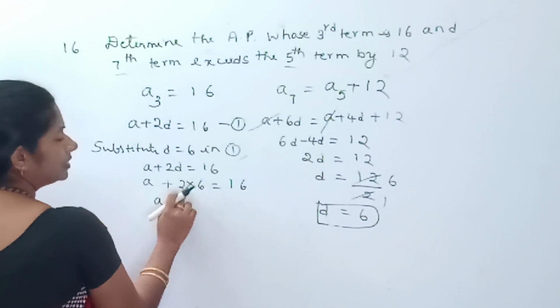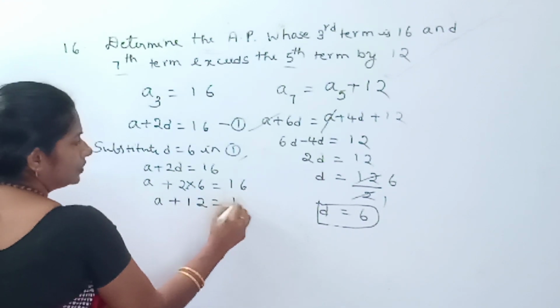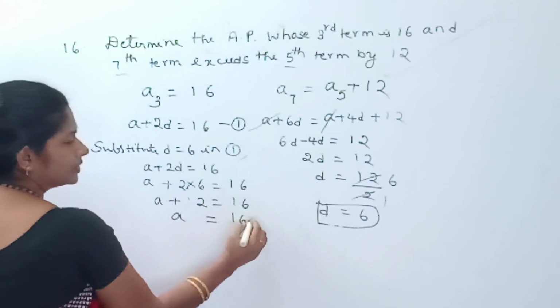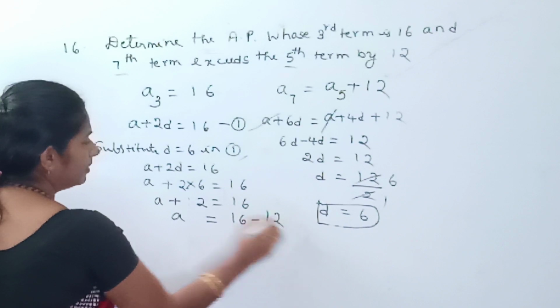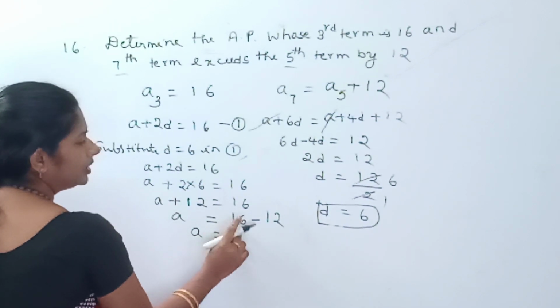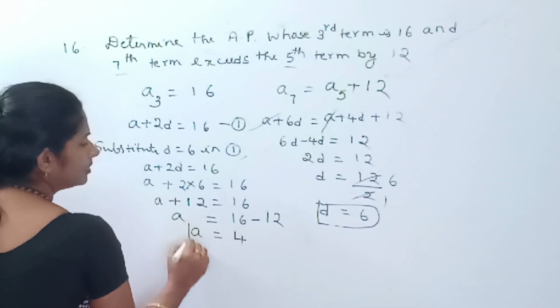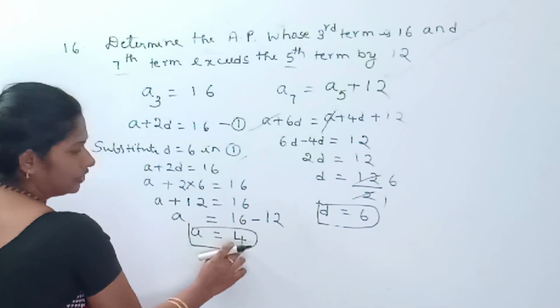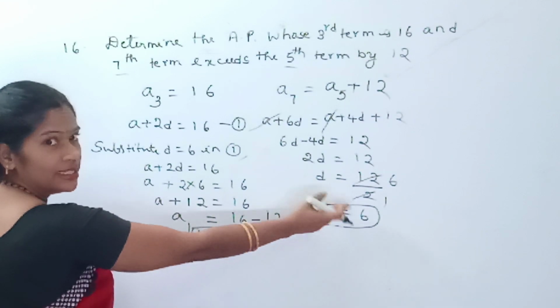So A plus 6 2s are 12 equal to 16. A value is 16 plus 12, you transpose to right hand side, it becomes minus 12. So A value is 16 minus 12, it is 4. So first term you got, A value as 4 and common difference is 6.